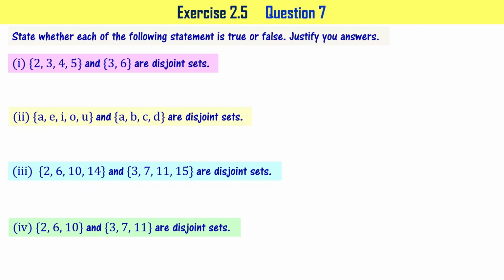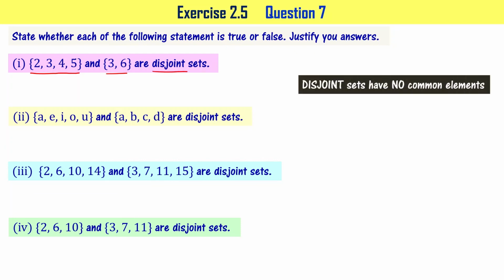The first problem: the first set has elements 2, 3, 4 and 5, and the second set has elements 3 and 6. We have to say whether they are disjoint sets or not. The problem statement says they are disjoint sets. We just learned that disjoint sets have no common elements present. But in this case, 3 is common across both sets. So the set of common elements is the set containing element 3.